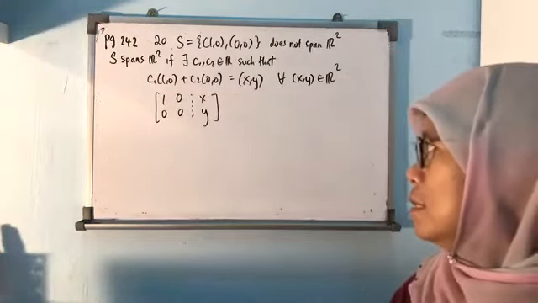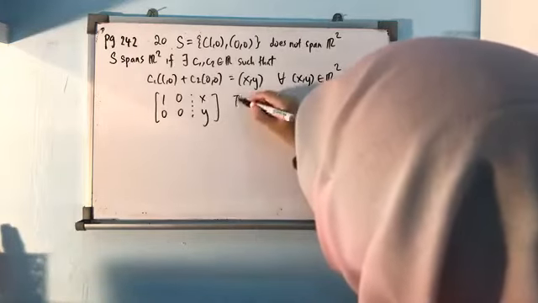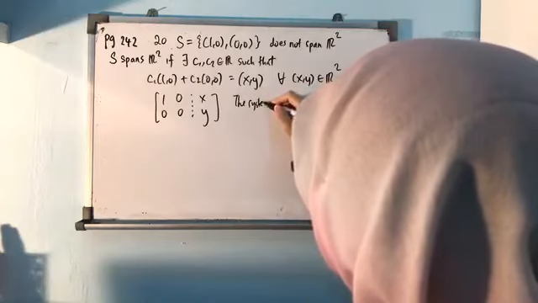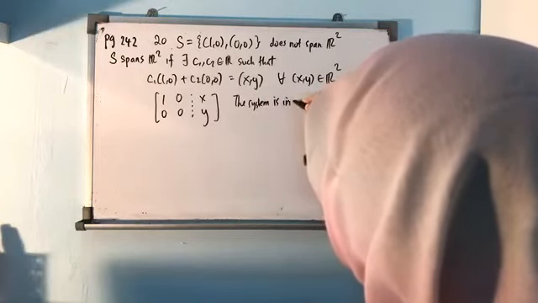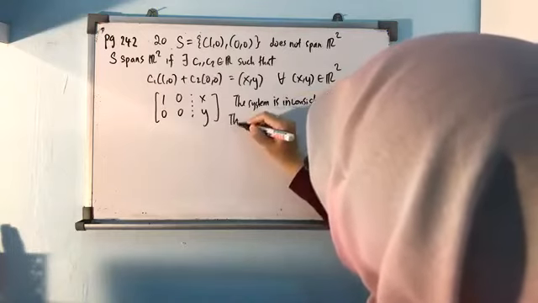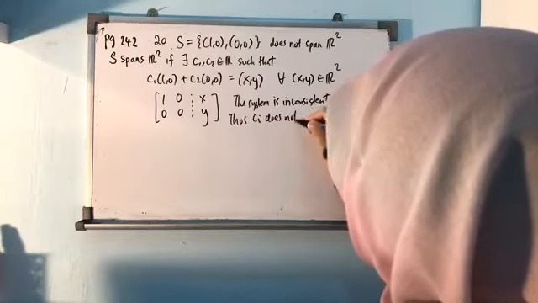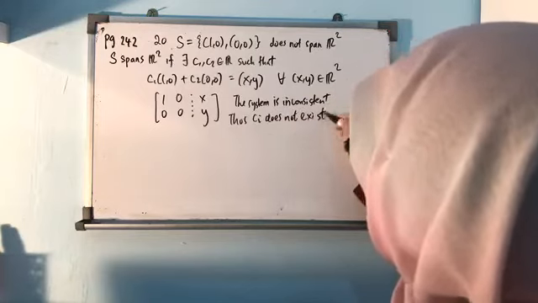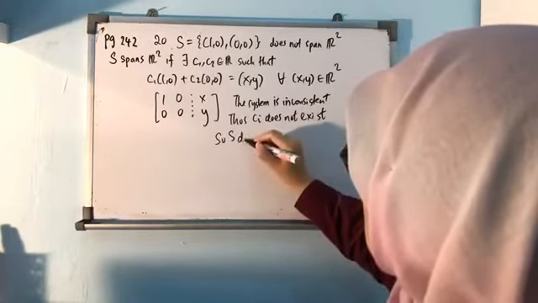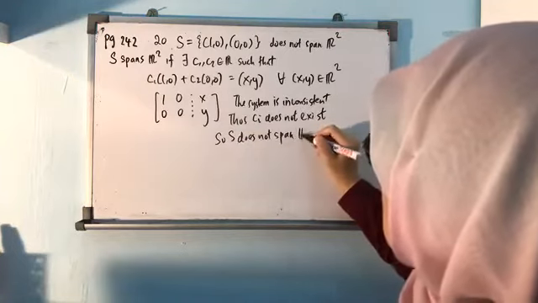And you can easily see that the system is inconsistent. Thus, Ci does not exist. So S does not span R2.